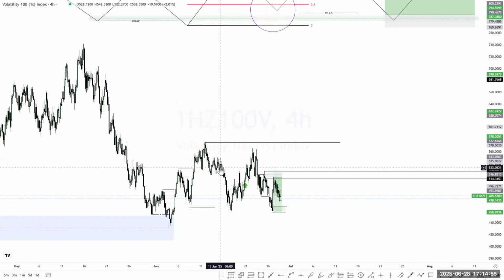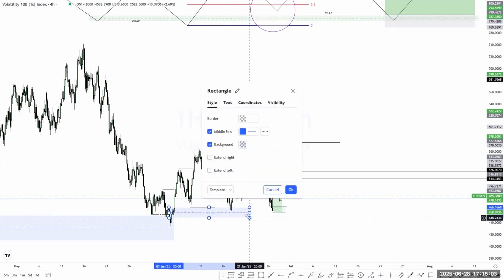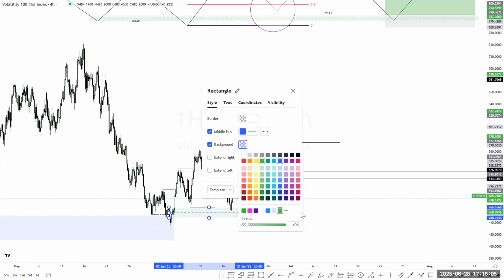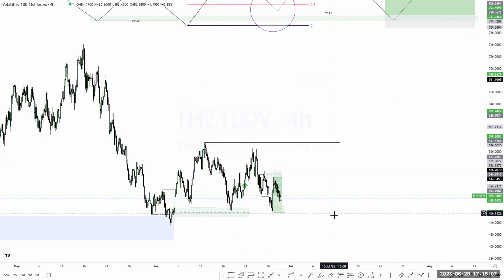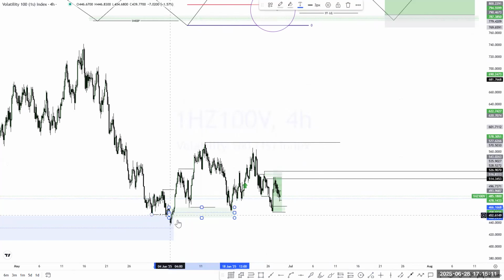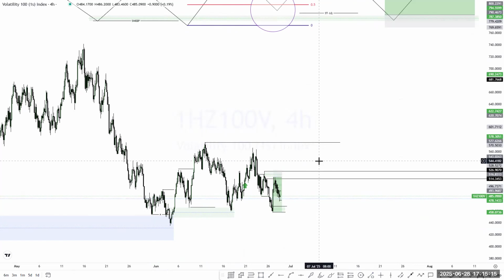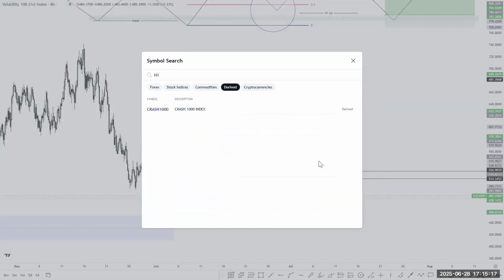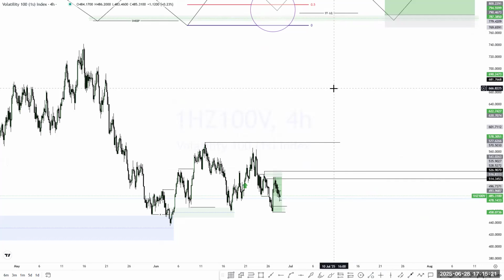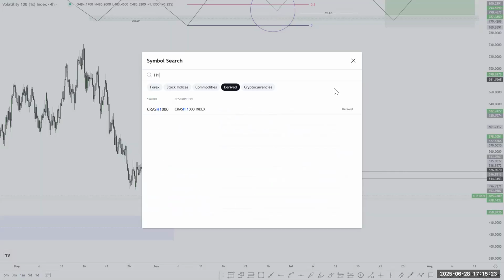So now you already have a direction on the lower time frame, and you see what price is doing. And if you look closely, we have our QMR here. So let's go to the 1 hour time frame for clarity. What's going on here?